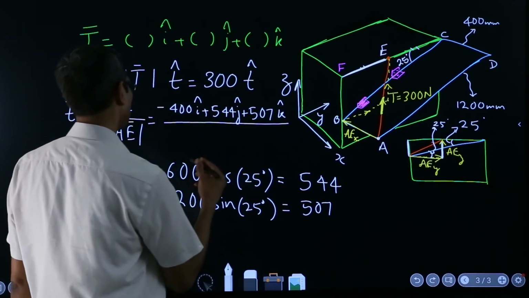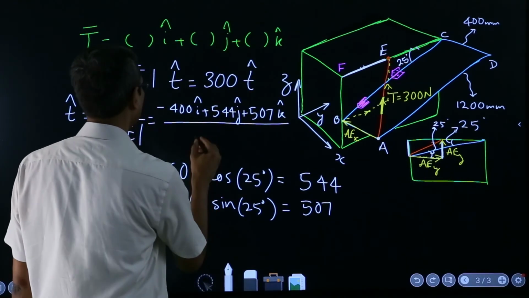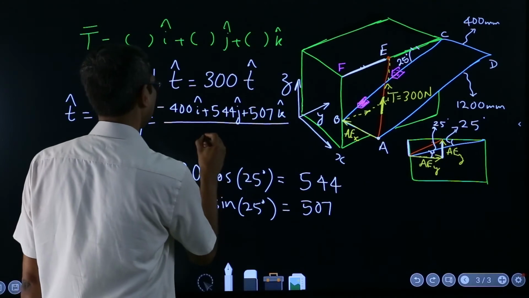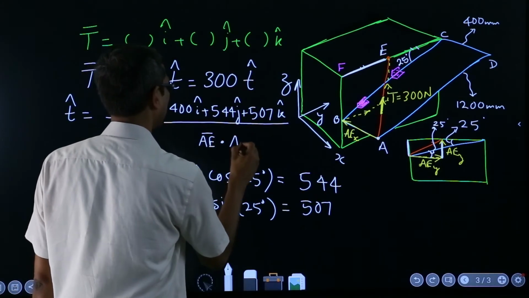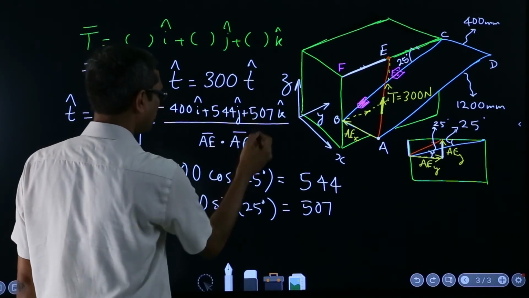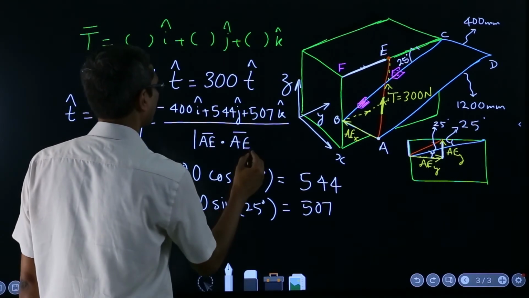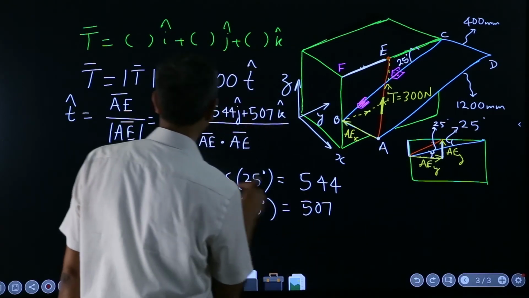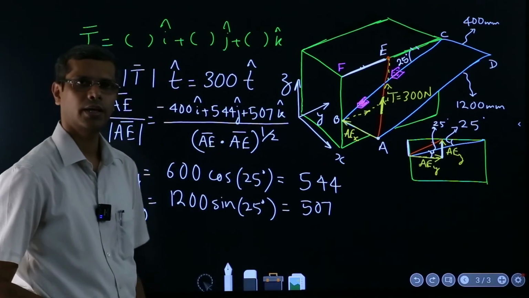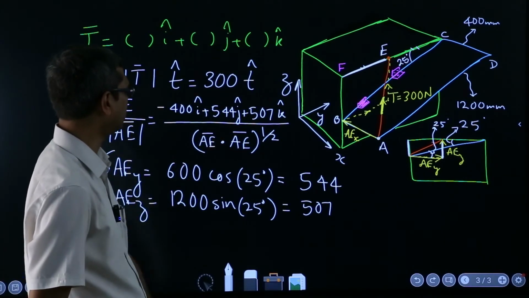Okay, so that means I'll write that as AE dotted with AE, and you know how to get it. So this square plus this square plus this square, and then once you get this, take the square root of that. So length square you will get, and then its root.